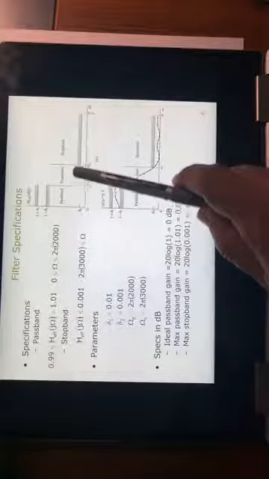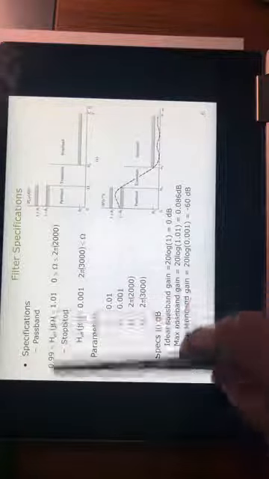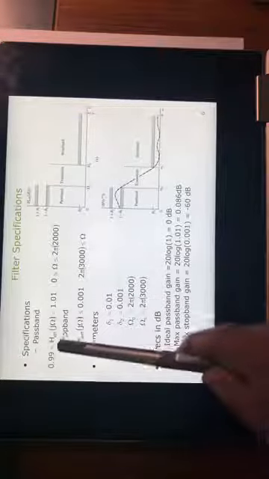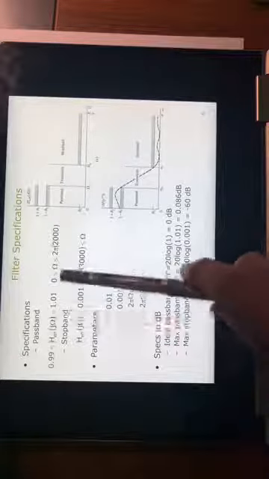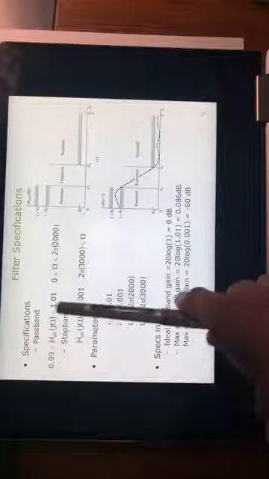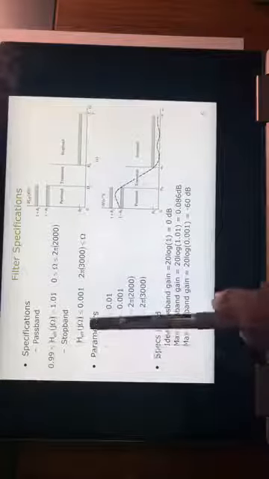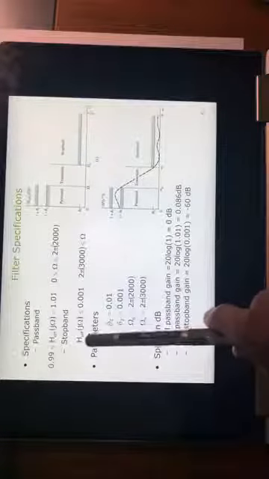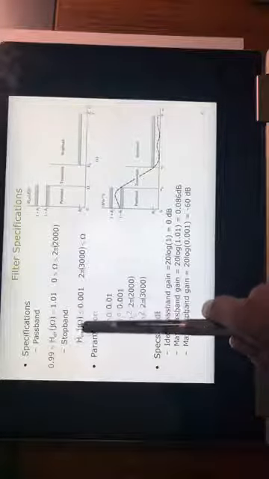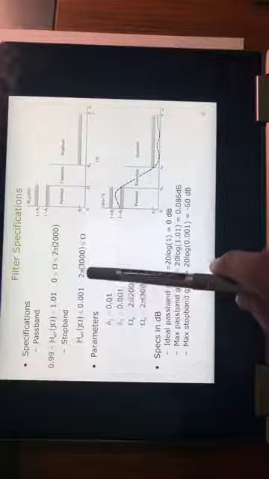So usually this is how the specifications are given. You have the pass band and the transition band and the stop band. Okay, and you are given that you need to design a filter which should live in the pass band from 0.99 to 1.01, and in the stop band should have a value not greater than 0.001.